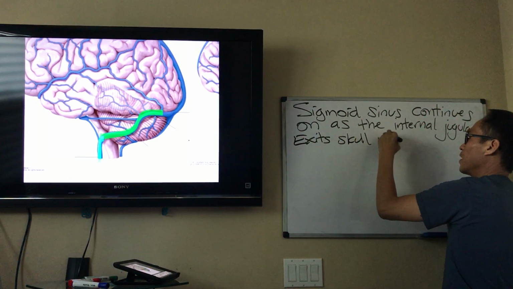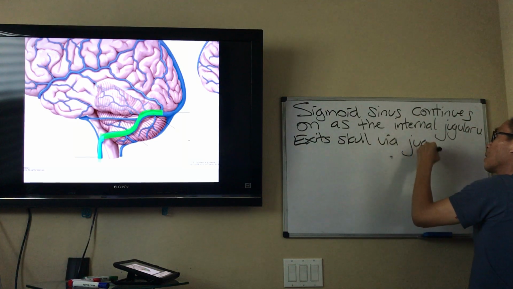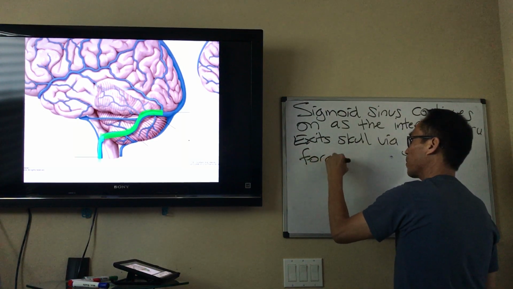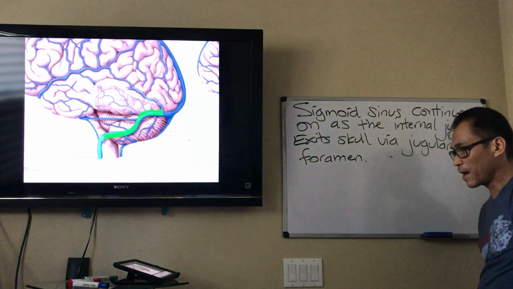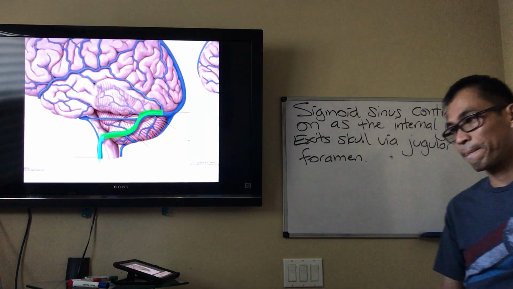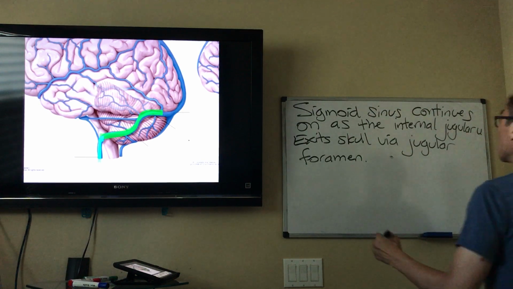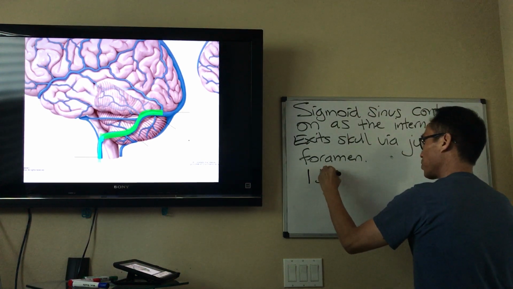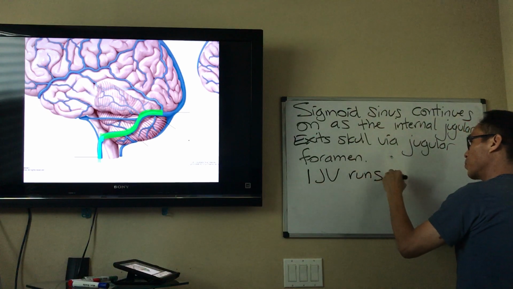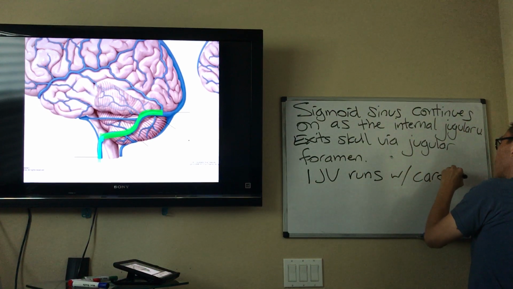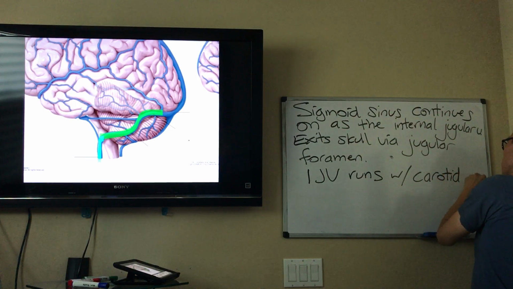Exits skull via jugular foramen. So just note that. And the other thing I mentioned, the internal jugular vein, it runs with the carotid arteries. IJV for short, internal jugular vein, runs with carotid arteries.